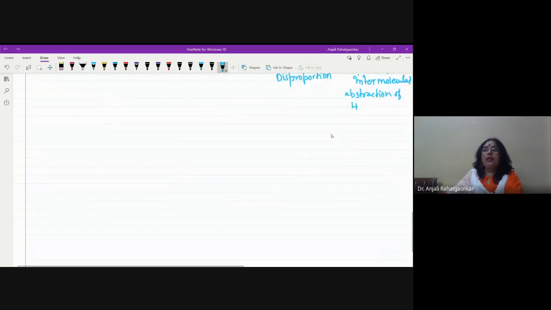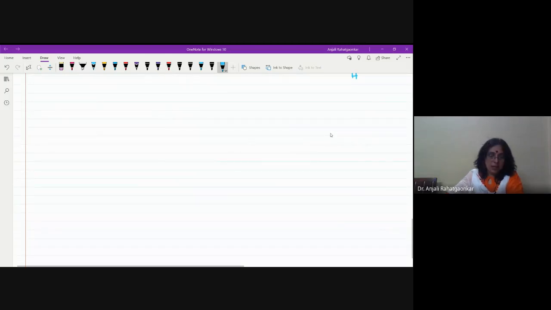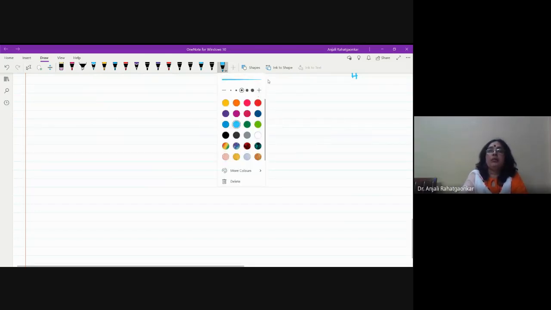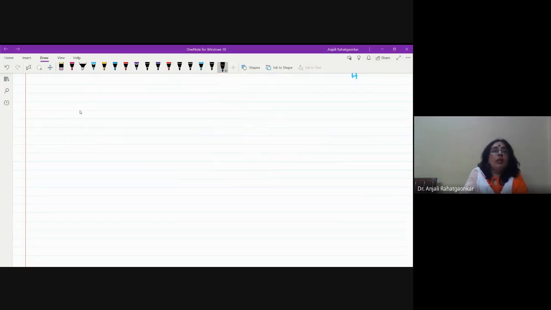Now, by taking an example, you will get a clear idea about the reaction mechanism. So I take this simple acetone, and this is h nu.